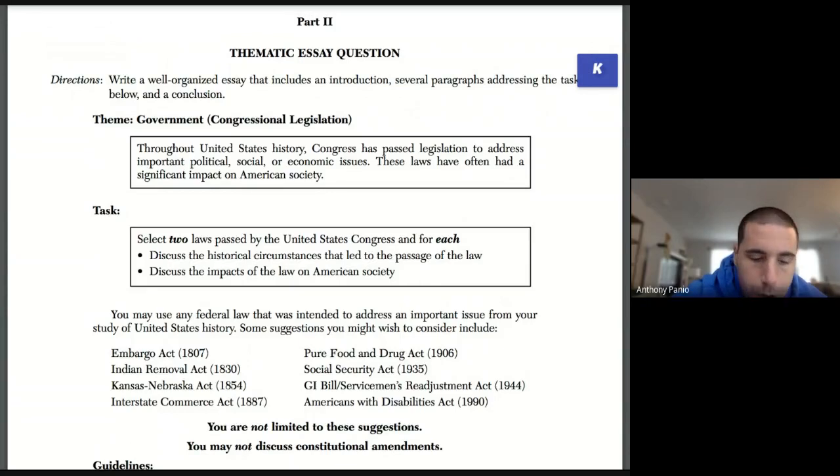Okay, you get a thematic essay. You look at it, you see there's 2 bullet points. Okay, what is the introduction? What are you doing for the introduction? Right when you get it, the first thing you do, please tell me in the chat or unmute yourself. Thesis statement, good. What else?